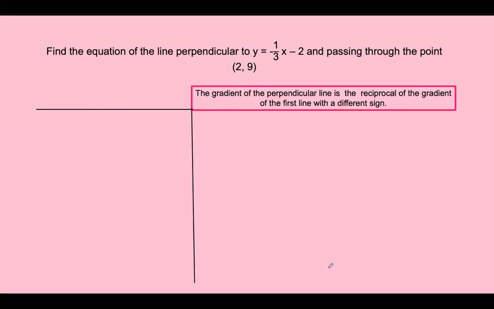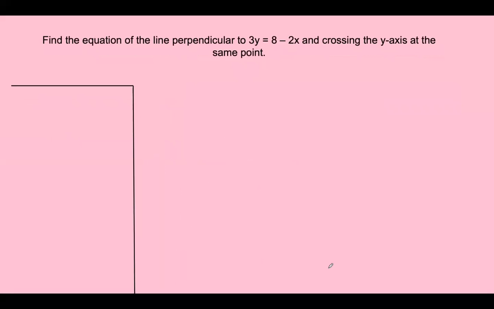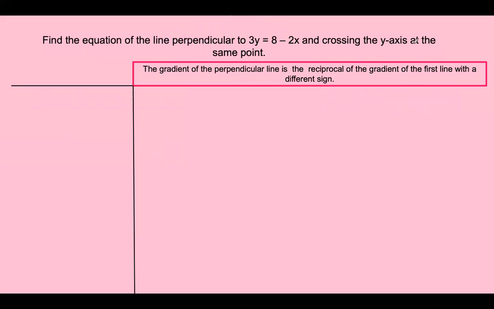Right, the next equation looks like this. So this is the equation of our first line, and I'm going to write it up here. 3y equals 8 minus 2x. We need to find the equation of the line that is perpendicular with the first line.